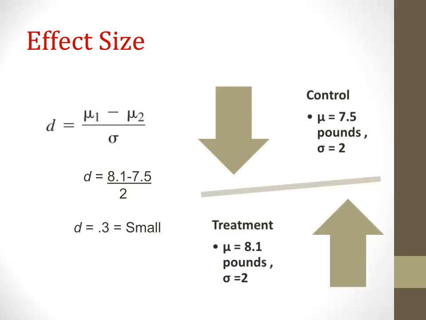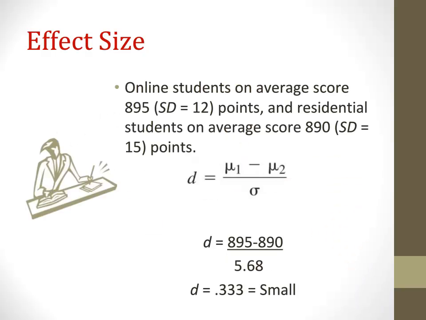What we do then is we take 8.1 minus 7.5 and divide it by 2, and what we find is d equals 0.3, which means this is a small effect size.